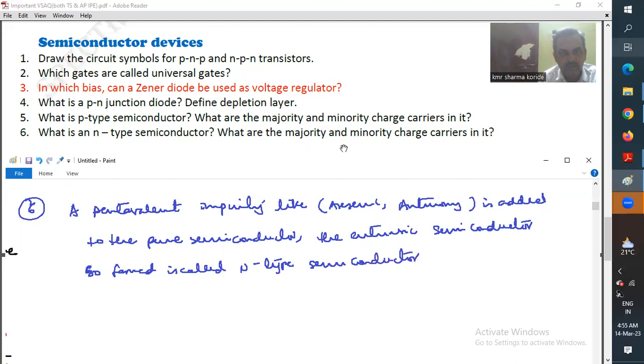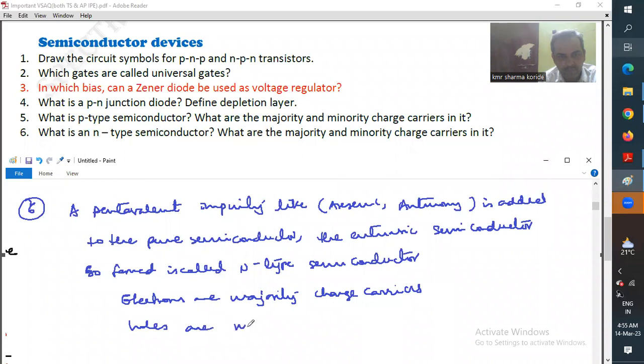The other part of the question is what are the majority and minority charge carriers? Electrons are majority charge carriers and holes are minority charge carriers.